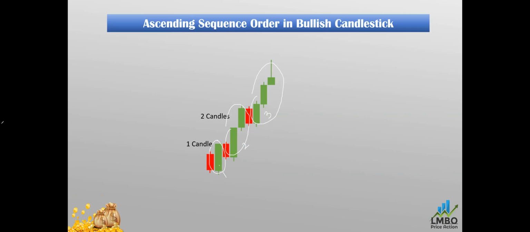After that, in case you find a pattern, like this evening star: one green, one weak green candle, and another red candle, that's a bearish pattern. So can we trade this pattern or not? If we collect the information, what are the buyers telling? That we are in momentum. What are the sellers telling in this movement?